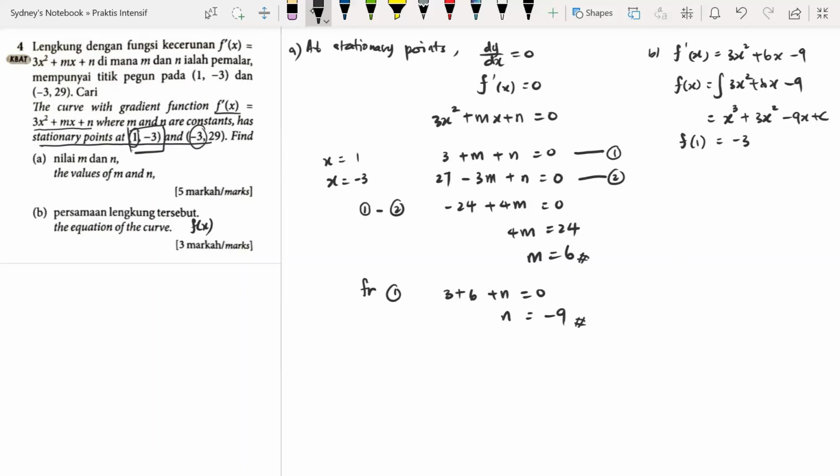We have 1 plus 3 minus 9 plus c equals -3. So 1 plus 3, we got 4. 4 minus 9, we have -5. Therefore, c equals -3 plus 5. So we got 2. So now we can make a conclusion that the equation of the curve f(x) equals x cubed plus 3x squared minus 9x plus 2.